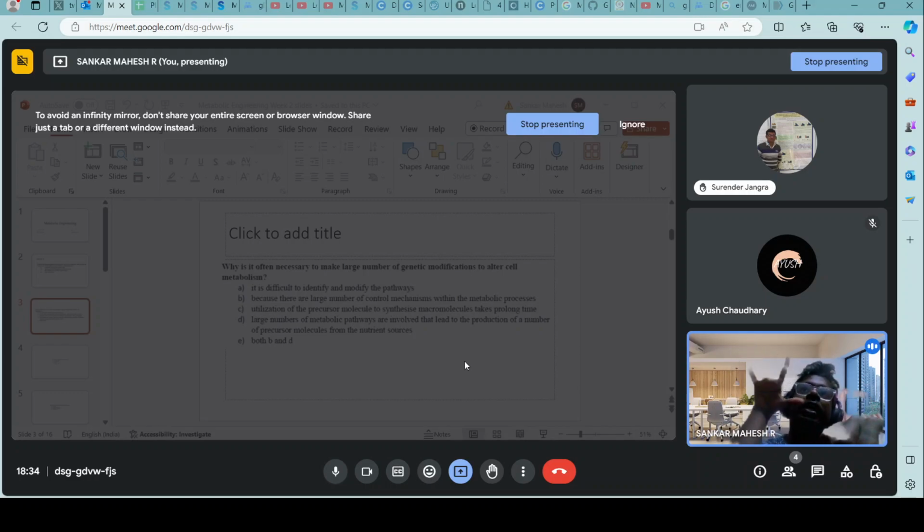Only when there are many pathways to synthesize, there will be many control mechanisms to prevent or enhance that synthesis. So the right option is option E, both B and D. Because to produce a particular molecule we have many different pathways, and many different pathways have many different ways to control them. It makes it difficult to engineer the pathway within the cell, requiring many genetic modifications. I hope that was clear.